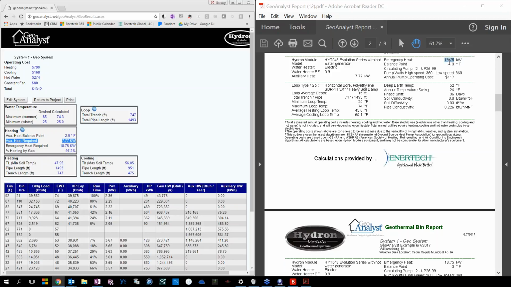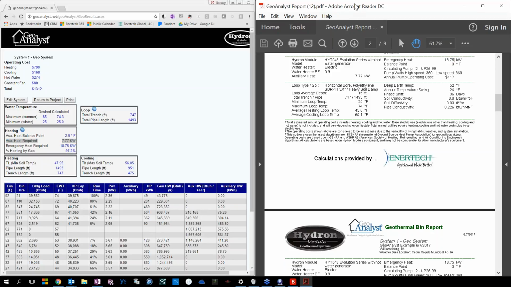So this is the most important point I really wanted to drive home with the webinar, is that just because the heat load is 70,000 BTUs doesn't mean you need to select a Geo system that provides 70,000 BTUs from the dirt. We can use the aux heat. We can still have a very economical system, and it actually is a better purchase for the homeowner because they're not spending $5,000 or $10,000 just to save a few.